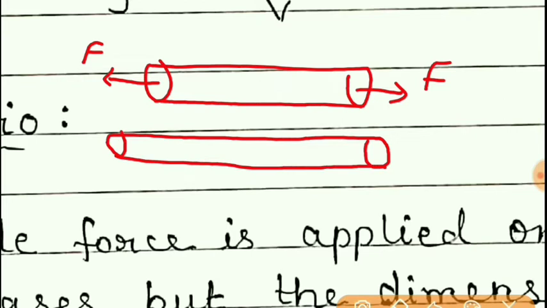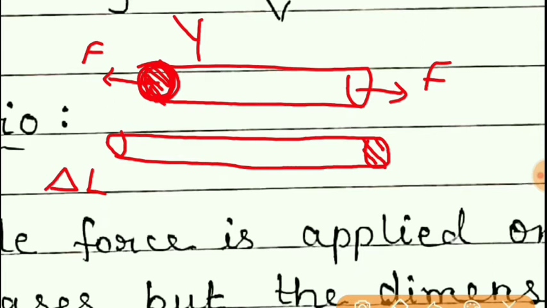But if the length increases by delta L, then definitely this cross sectional area, earlier it was thick, now it will become a little thin. So while obtaining Young's modulus, we have not considered the change in the cross sectional area. We have considered that the change in the cross sectional area is very small, so that can be neglected.